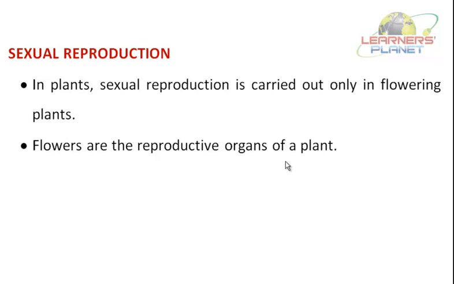So, the flower structure is made up of the pollen-producing male part known as stamen and the female part called pistil that contains the ovary and eggs. Pollination is the process that starts the sexual reproducing mechanism. We will study pollination in the coming sessions.